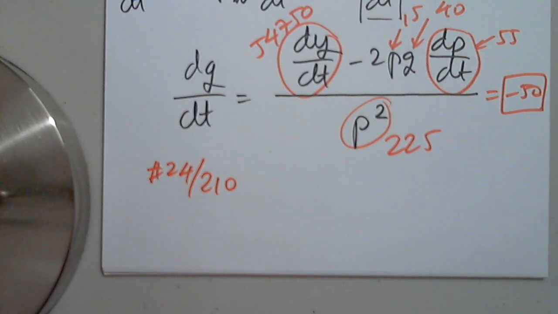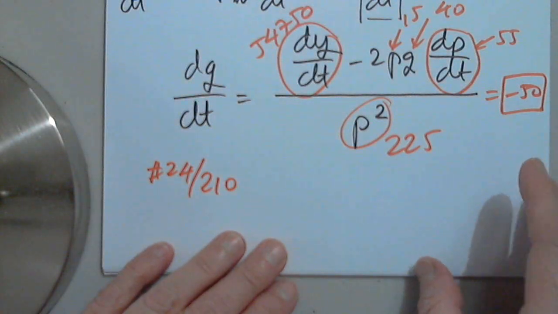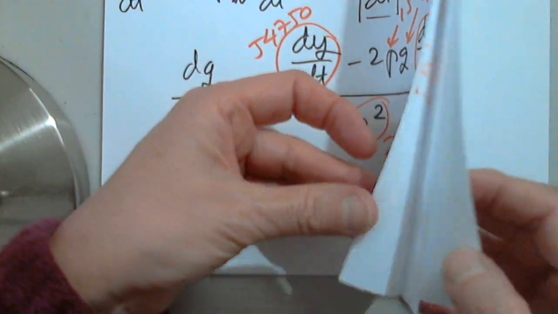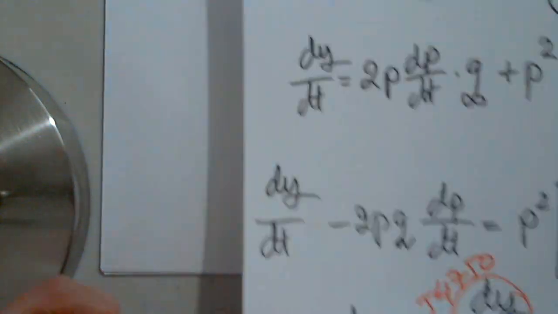Okay, so let's do 23. Was this a homework problem, 24? Is that a yes? Is that a no? Okay, I don't hear anything. It is not. Okay, fine.